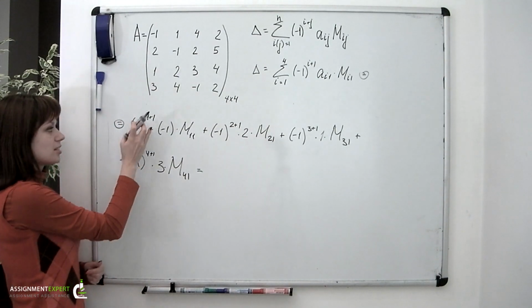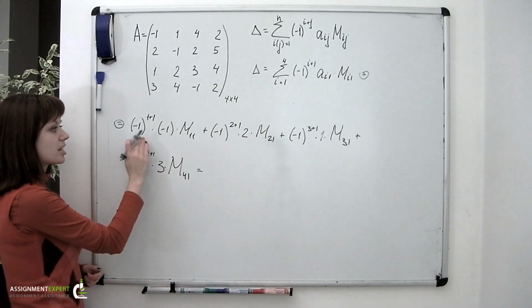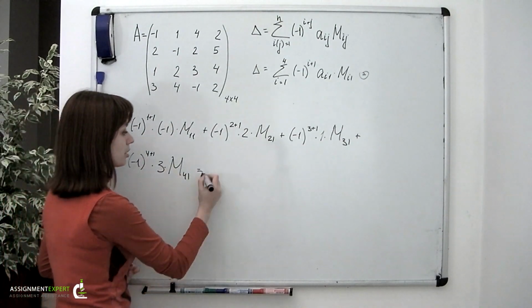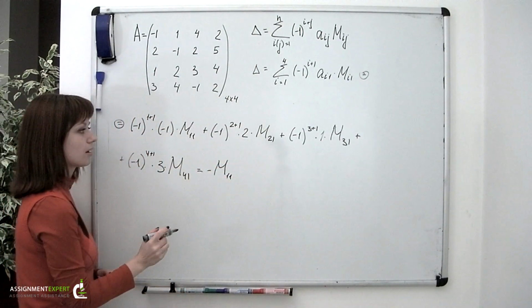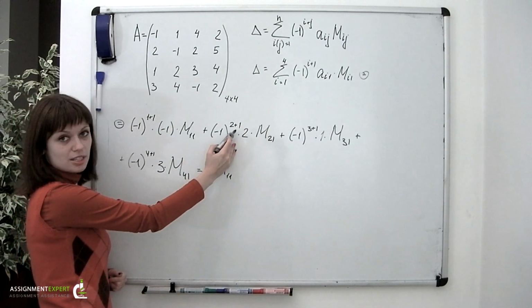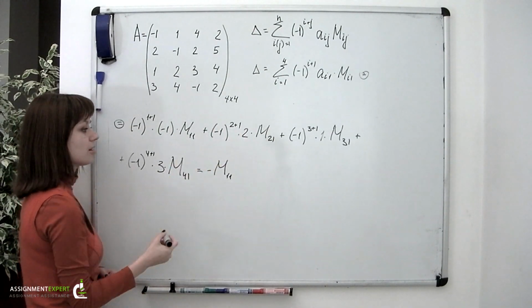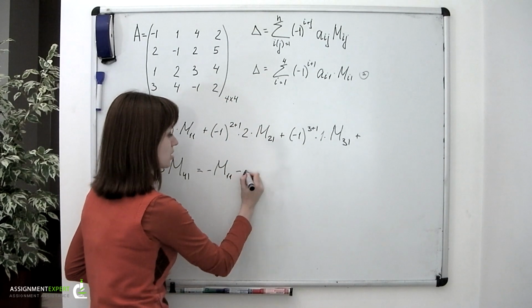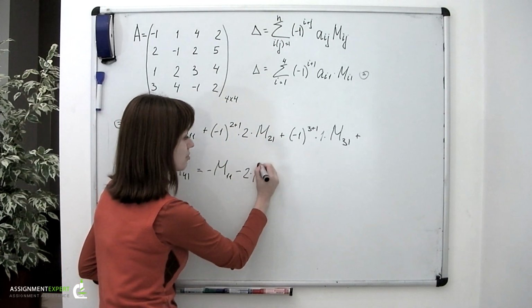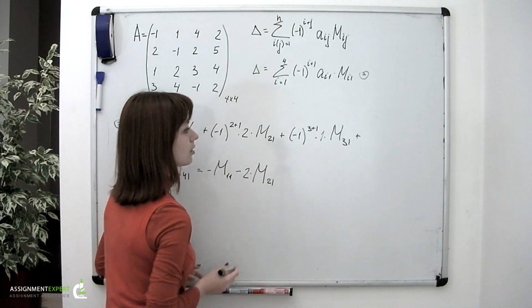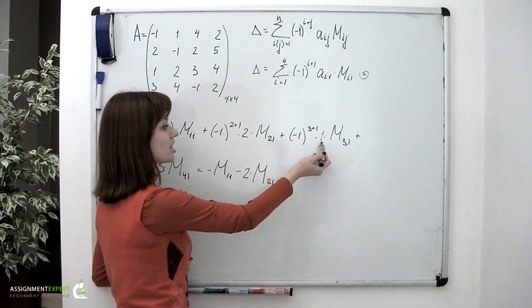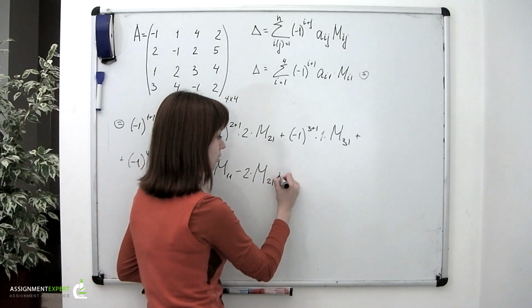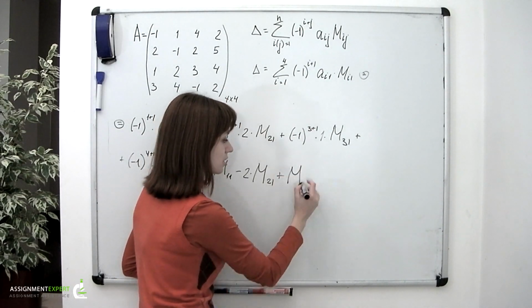Now, -1 to the second is simply 1 times -1 is -1, so we have -m sub 1,1. Then, -1 to the third is -1 times 2 is -2, so we subtract 2 times m sub 2,1. Then, -1 to the fourth is simply 1 times 1 is 1 again, and we add m sub 3,1.